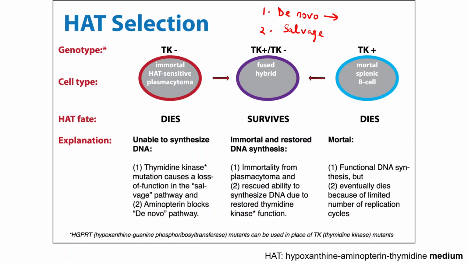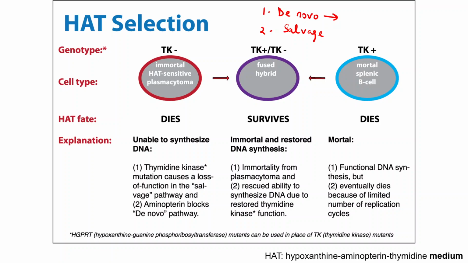In the salvage pathway, what is happening? Any materials that are going to be waste, our body breaks them down into the individual components of a nucleic acid, and resynthesizes the nucleic acid from those components. So it is salvaging whatever is present inside the cell.